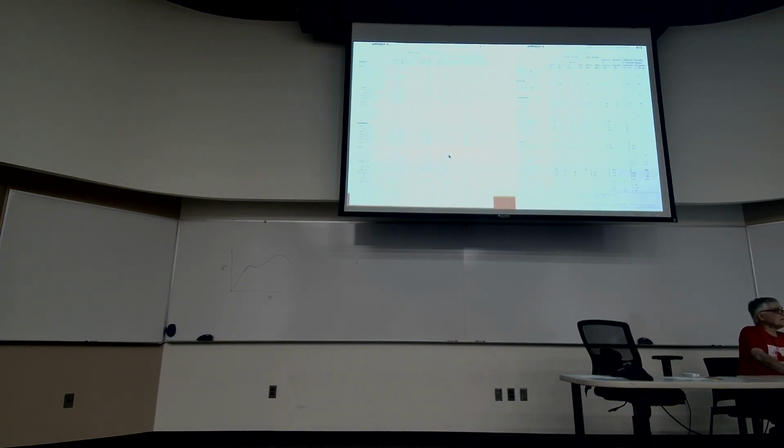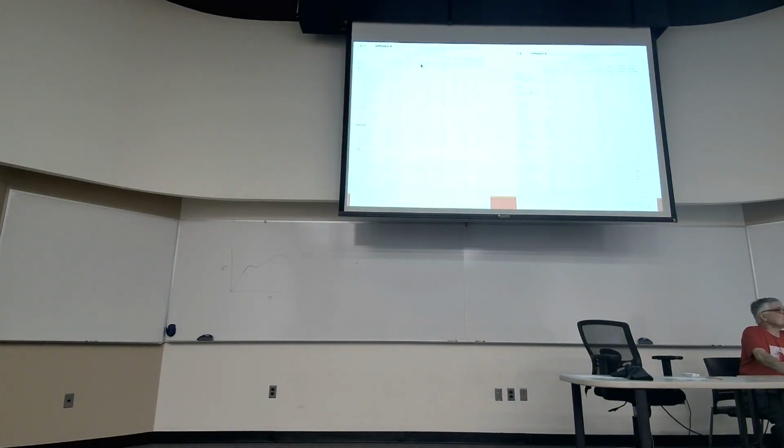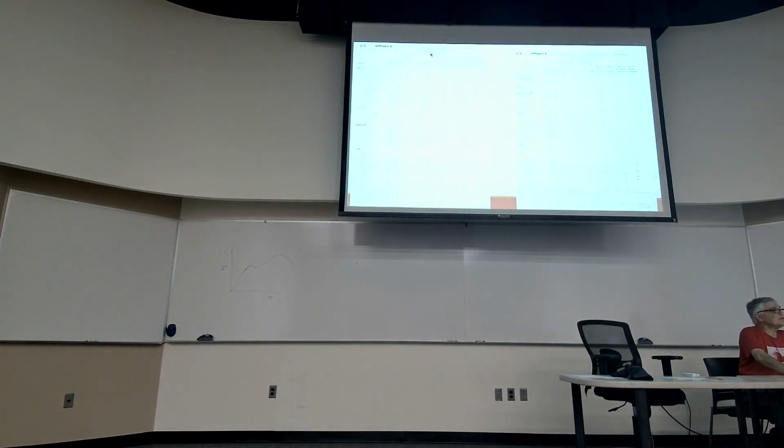And these are our tables using SI units, followed by the same tables using English units, which your book calls US customary units.